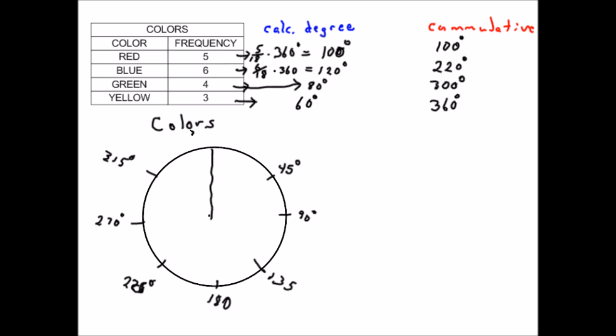And all the way around would be 360. So that gives you a better estimate on where your different values should come out.